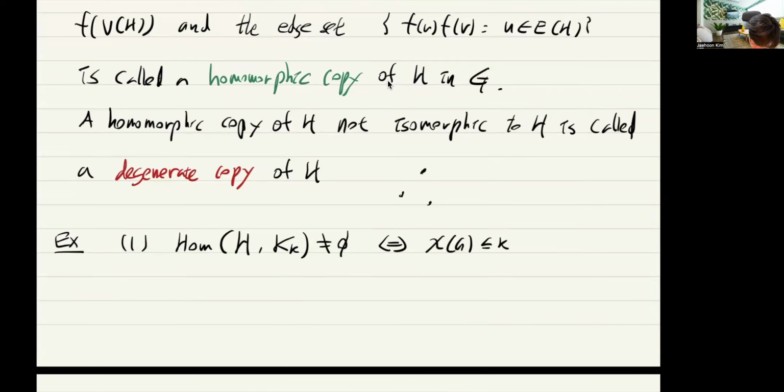Why? If you have some graph H, and then you have a copy of K_k, and you consider the inverse image of each vertex, it's the pre-image, and those pre-images have to be an independent set because we want the edges to be mapped to edges.